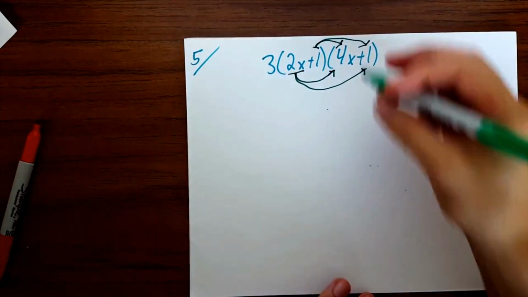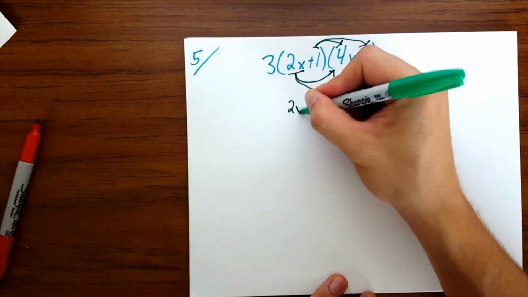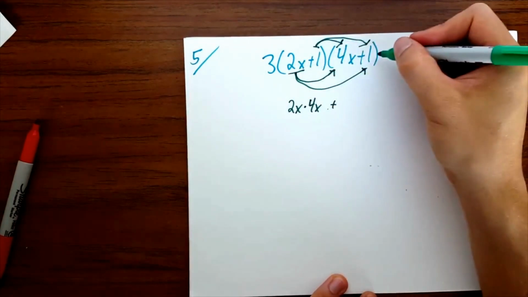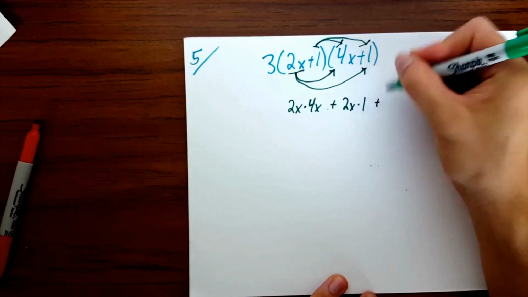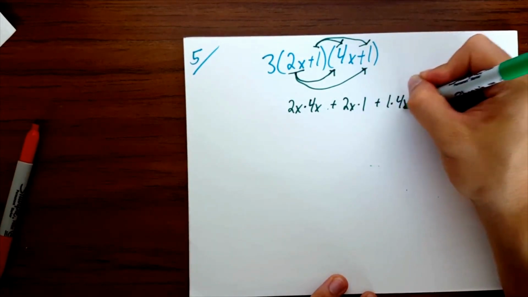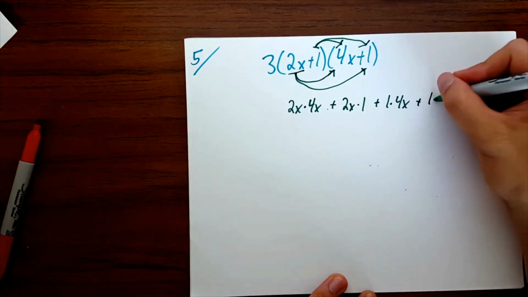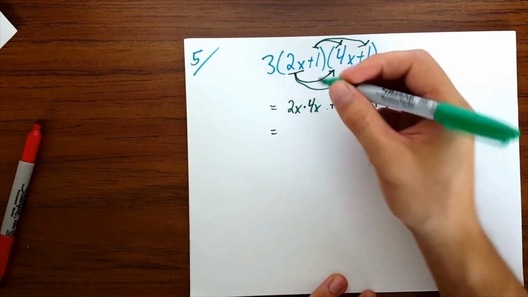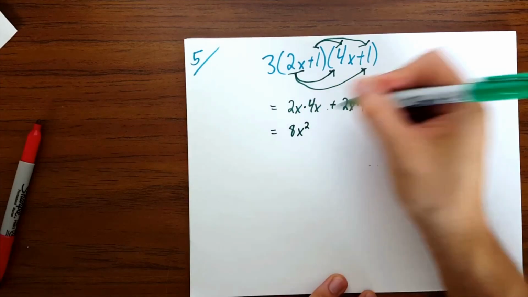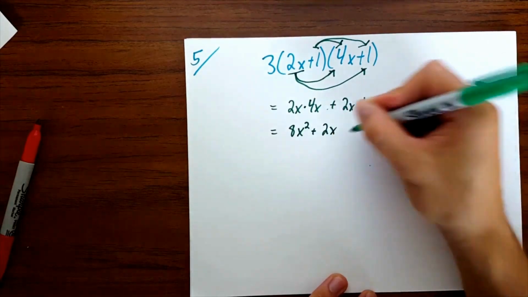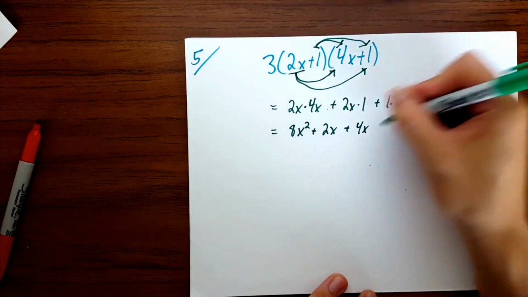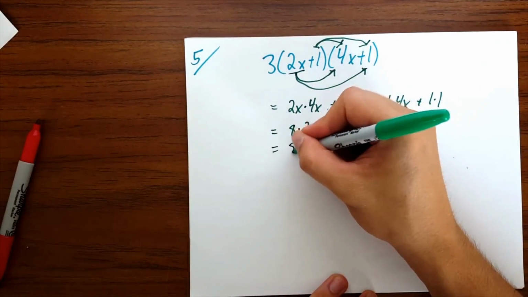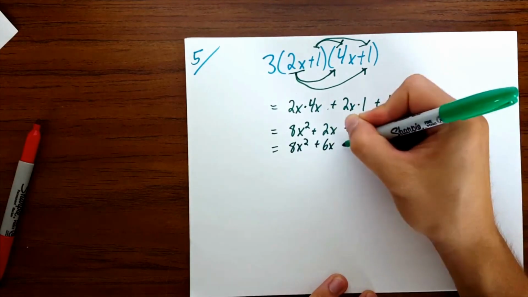So you're going to have 2x times 4x plus 2x times 1 plus 1 times 4x plus 1 times 1. 2 times 4 is 8, x times x is x squared, plus 2x plus 4x plus 1. That will be 8x squared plus 6x plus 1.